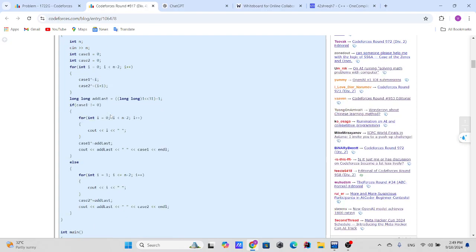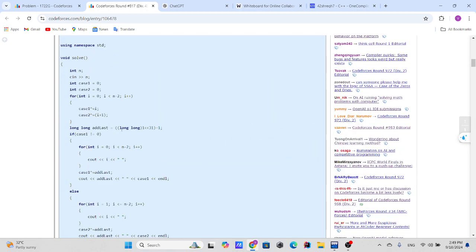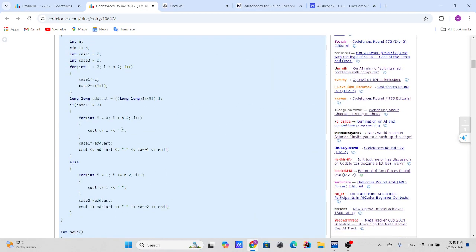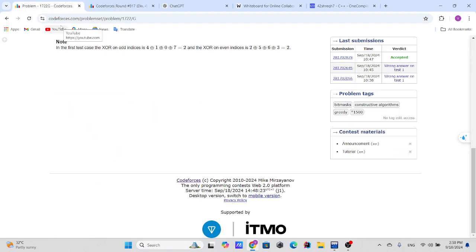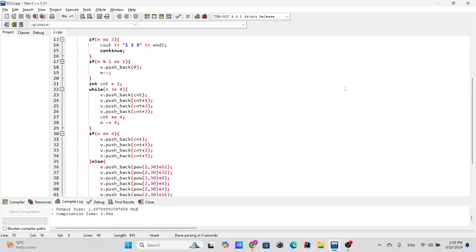If case 1 is count y, okay. At last, I have no idea what they're doing here. At last, case 1 and case 2. I have no idea what they are doing, but I still did it by myself.